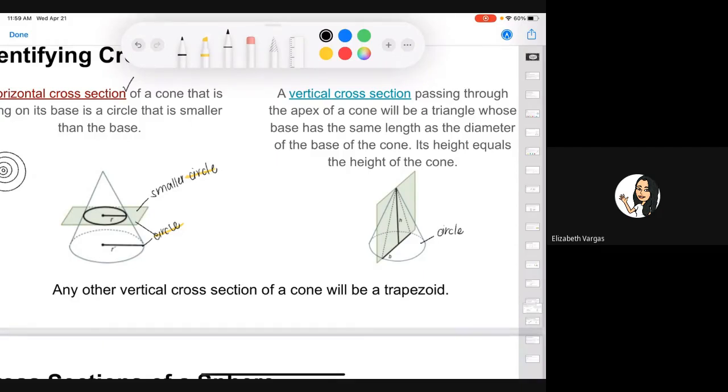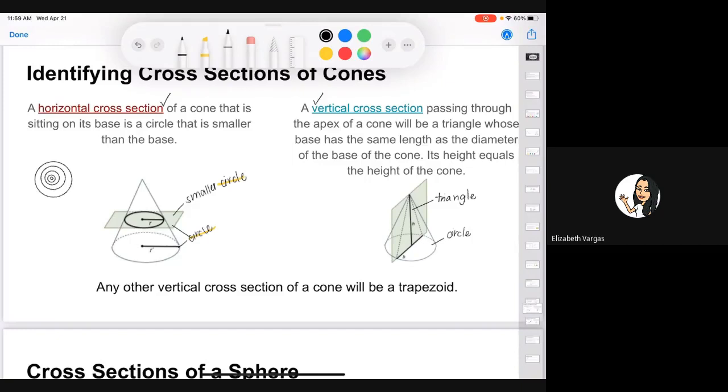We'll have a triangle whose base has the same length as the diameter of the base of the cone, and its height equals the height of the cone. So basically, if we have a vertical cross section and that cone is sitting on its base, which is the circle, our cross section in this instance would be a triangle. And so again, you can see that if it's a vertical cross section, your cross section is not going to match the shape of your base.